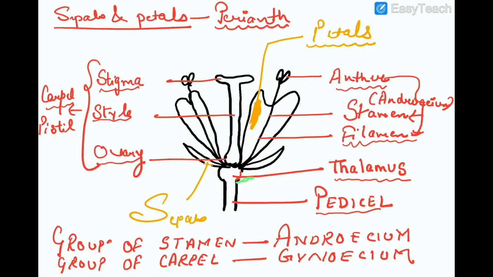This leaf-like structure at the base of the pedicel is known as bract. The flowers with bract are bracteate and the flowers without bract are ebracteate flowers.